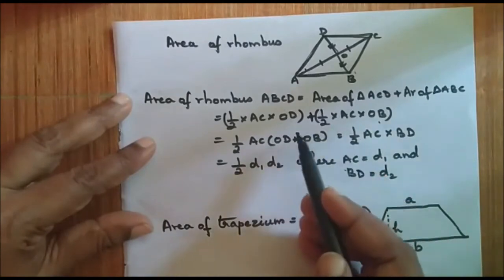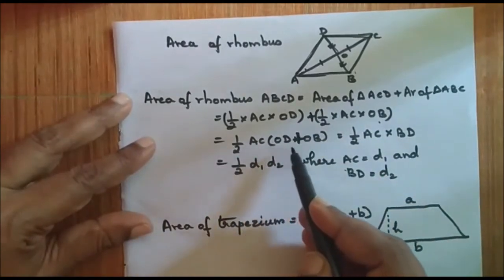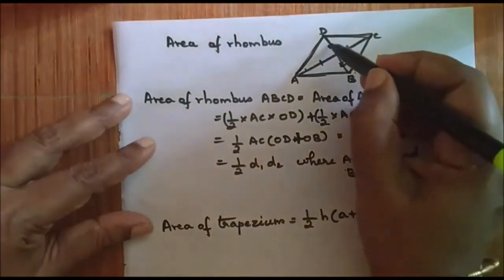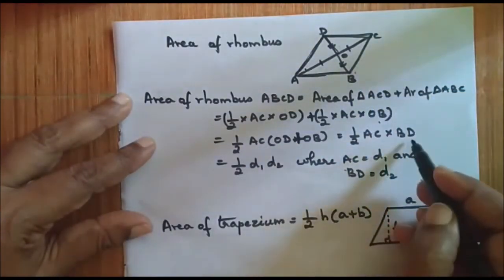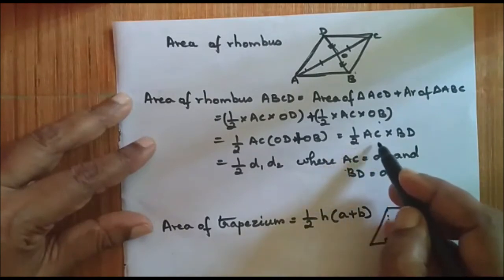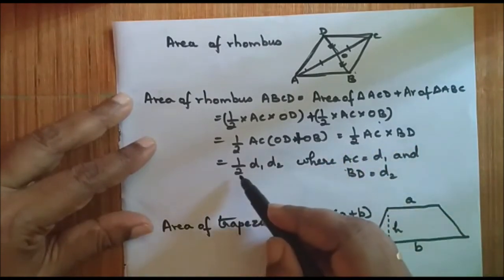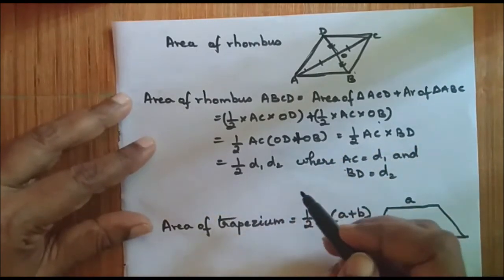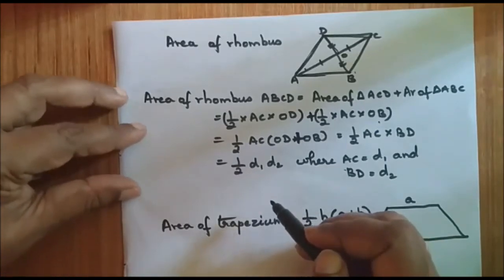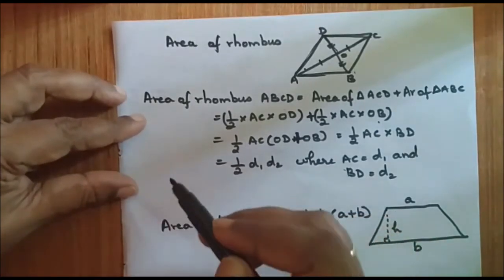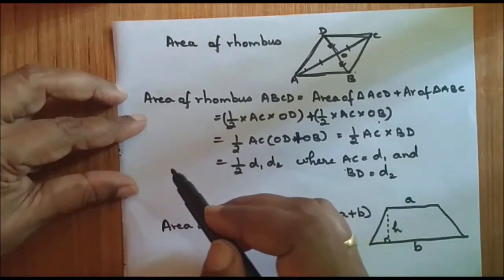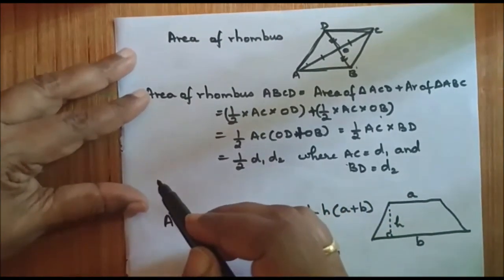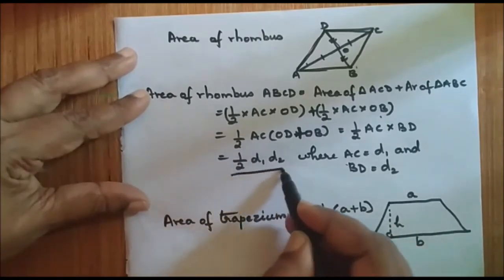Let me take half AC common outside. OD plus OB. This OD plus OB is nothing but DB, isn't it? Or BD, anything. So half into AC into BD, which is nothing but half into D1 into D2. Now what is D1 into D2? D1 is the diagonal 1, that is AC, and D2 is the diagonal 2, that is BD.